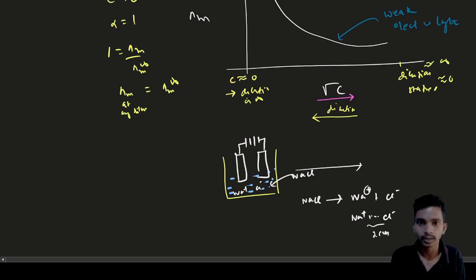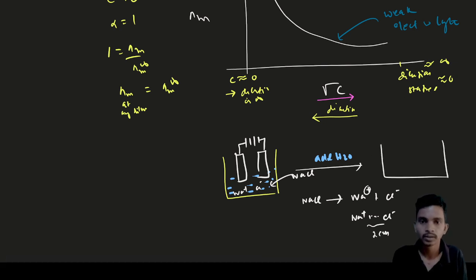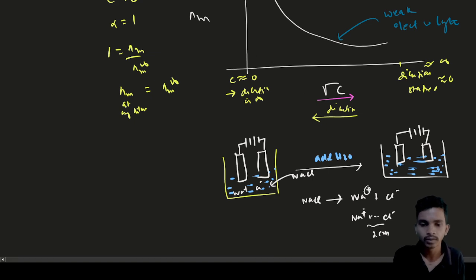But whenever we add water, a huge amount of water comes into the solution with the electrolyte. In between the NaCl, where there was 2 centimeters, water molecules will come.